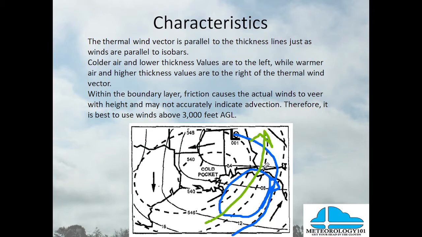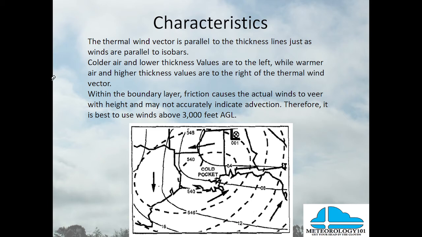So the north-south temperature gradient, this isn't a real great example because these are closed height contours, but the tightest thickness packings is where the north-south temperature gradient shows up on the thickness chart to determine where your jet stream is. Just another tidbit.